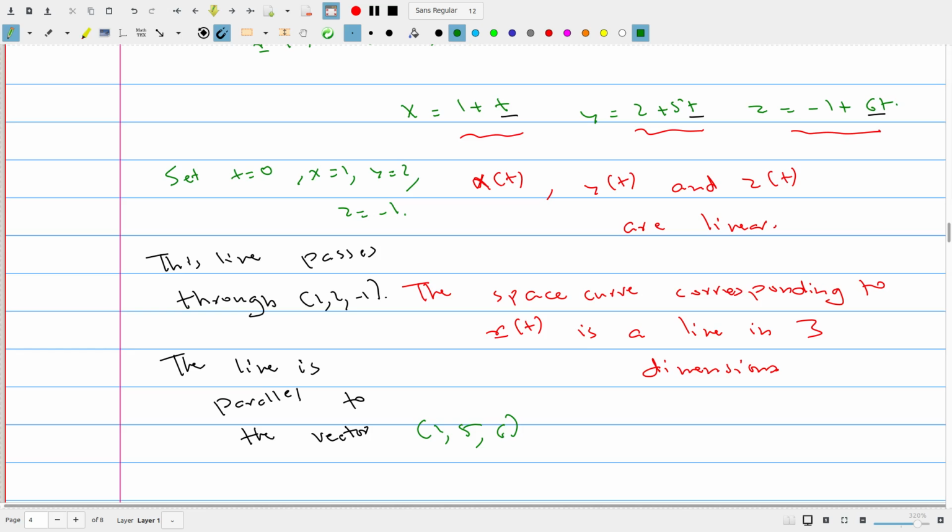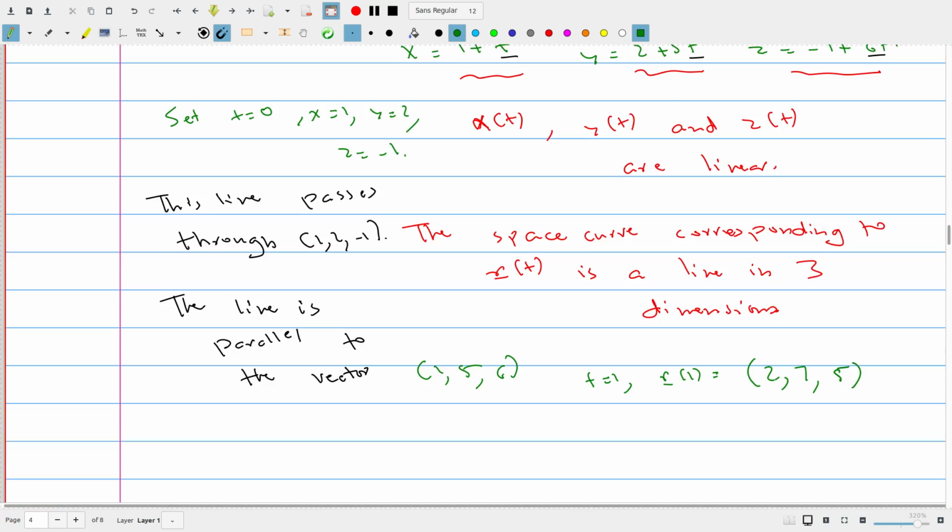Now we know this because remember the direction vector is always going to be constant, right? So if I set t equal to 0, I get 1, 2, minus 1. If I set t equal to 1, I get r(1) equals 2, 7, 5.